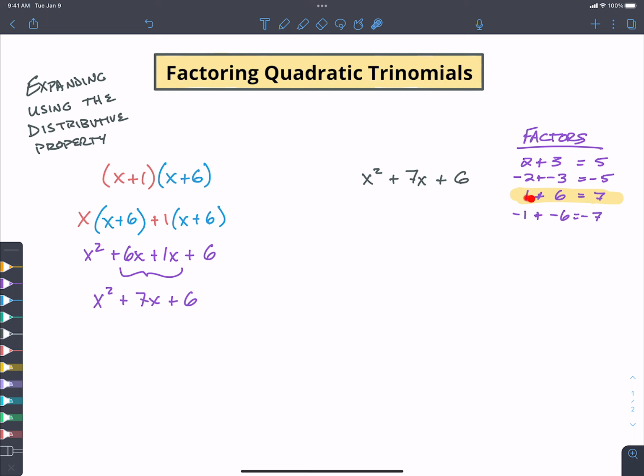What that means is we're going to take this 7x and split it into positive 1 and 6. So I'm going to say now x squared plus 1x plus 6x plus 6. All I did again was split this 7x into 1x and 6x.